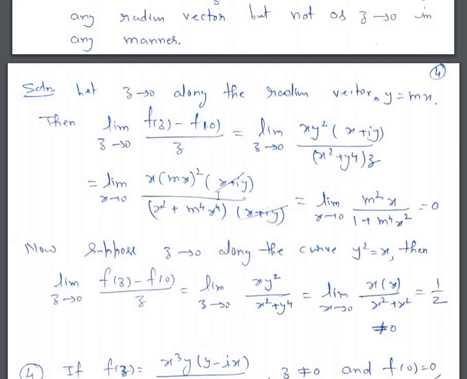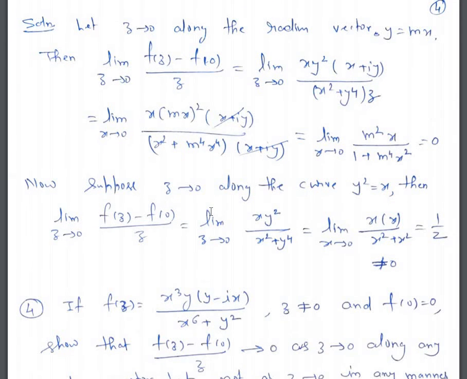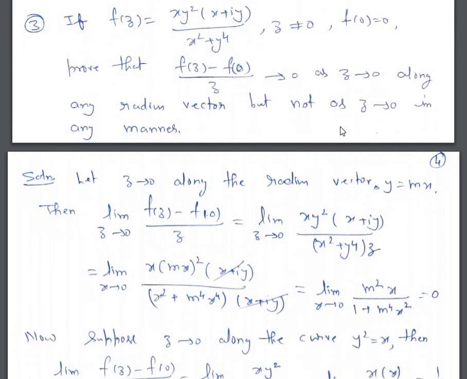So x plus iy gets cancelled. This comes out to be limit x tends to 0 of m square x upon (1 plus m to the power 4) into x square, and now when x tends to 0 this is equal to 0. But in this case we have to show that along any radius vector, but not as z tends to 0 in any manner.